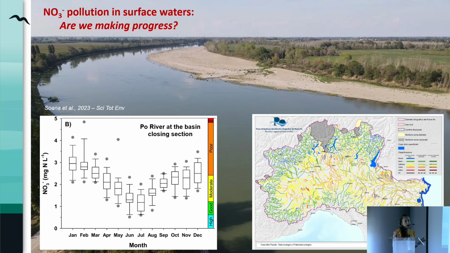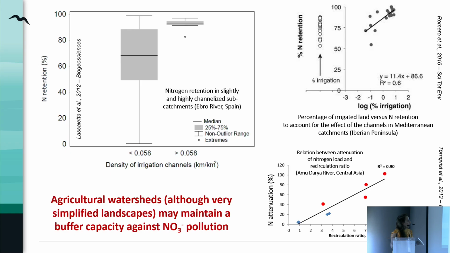This is a consequence of intensive agricultural practice, but it is also a consequence of the removal of natural buffers in agricultural ecosystems that can be used as filters to buffer nitrogen, but also phosphorus excess.